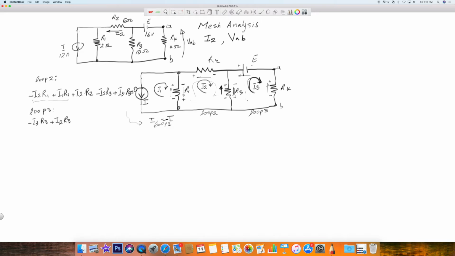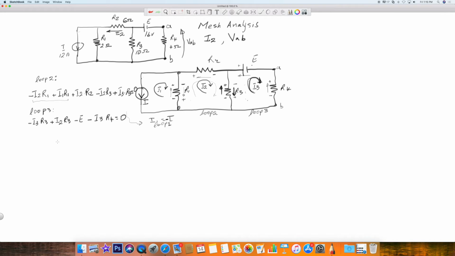Remember, for I3 this was opposite, so that's important, and we're reflecting it right here. Next, minus E, since it will be opposite, and then minus I3R4. Again, equals 0.